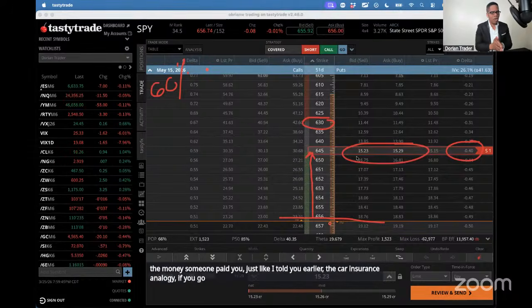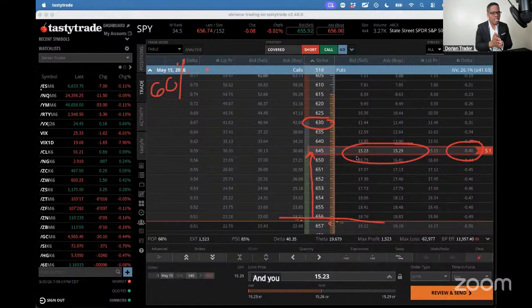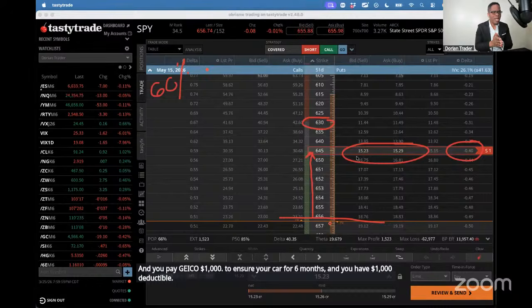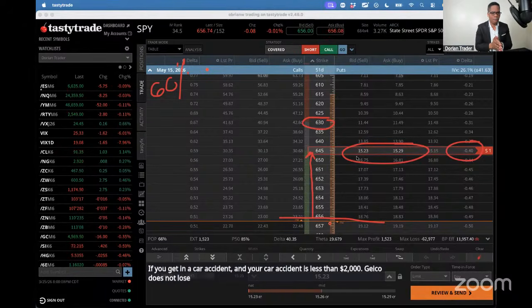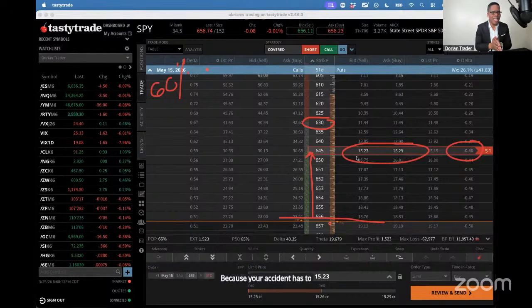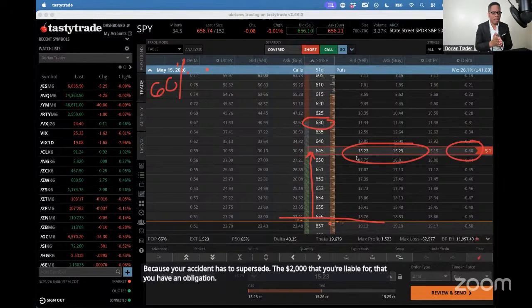If you go to Geico and you pay Geico $1,000 to insure your car for 6 months, and you have a $1,000 deductible, and you get in a car accident that is less than $2,000, Geico does not lose on you, because your accident has to supersede the $2,000 that you're liable for, that you have an obligation to pay.